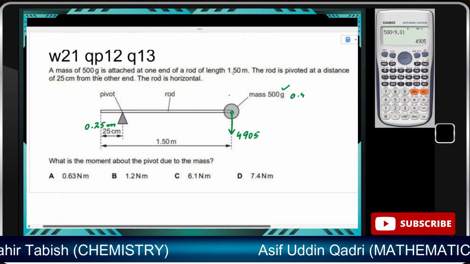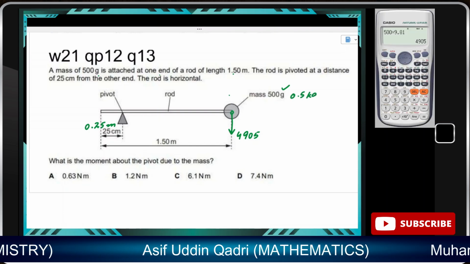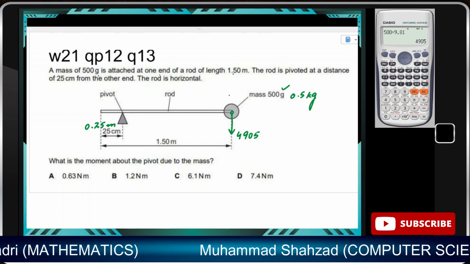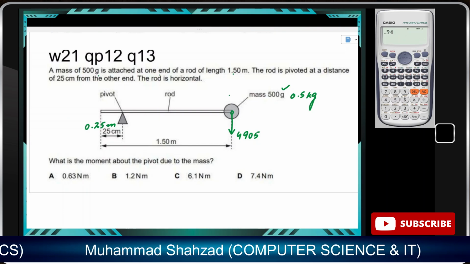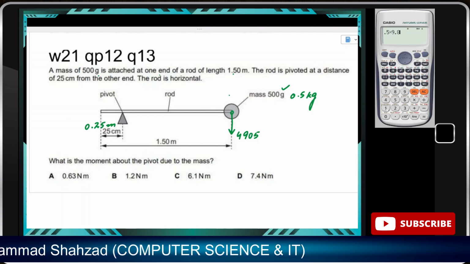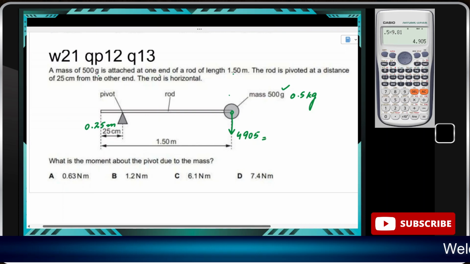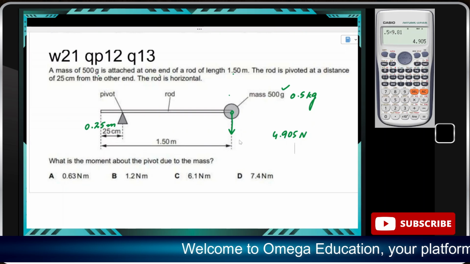So in kilograms it is only 0.5 kg. Then multiply 0.5 by 9.81, which is 4.905. So this is the force that we have.